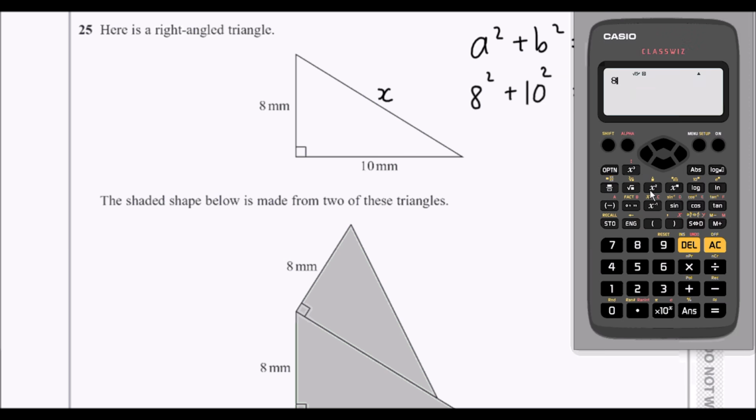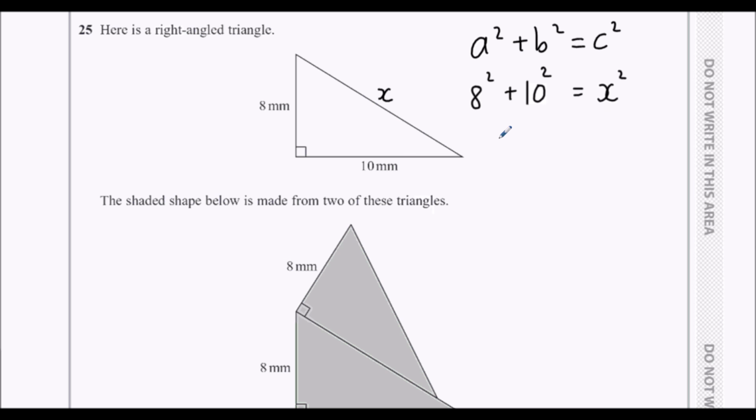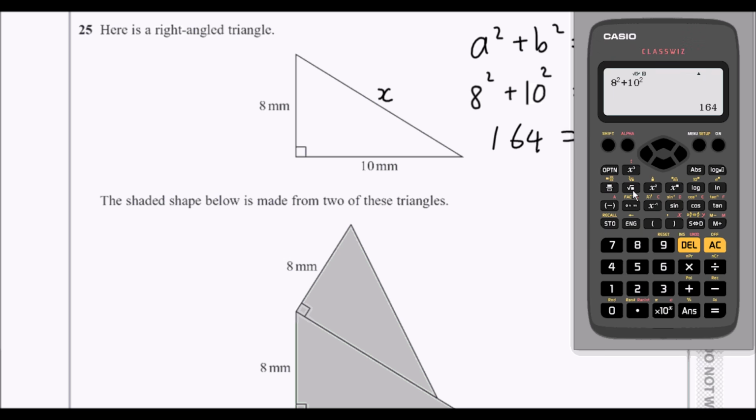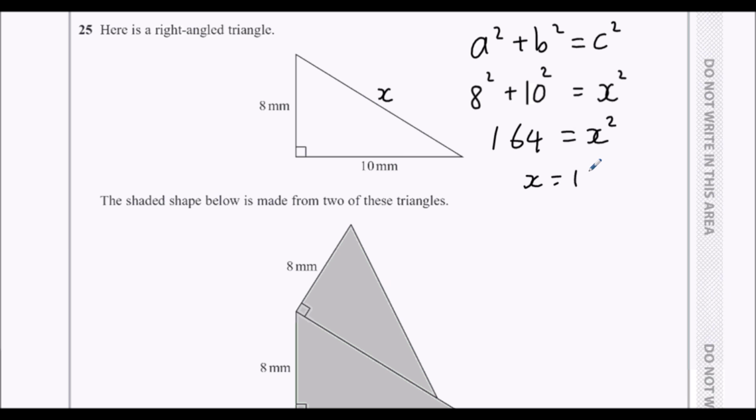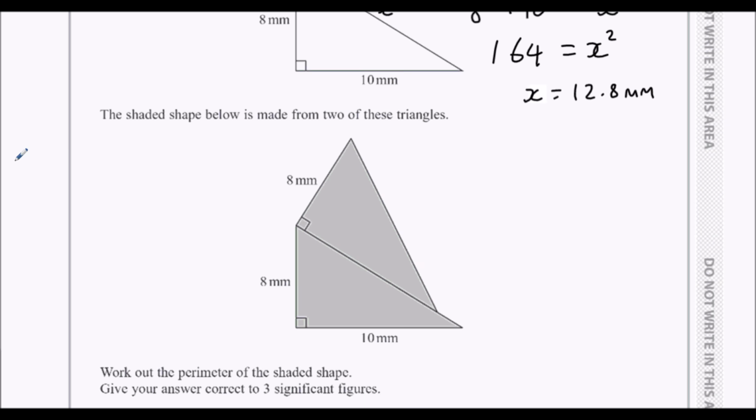So 8² plus 10² is 164. So 164 is x². So to find x, we square root, which is 12.8. So 12.8 millimeters. So this length here is 12.8 millimeters.